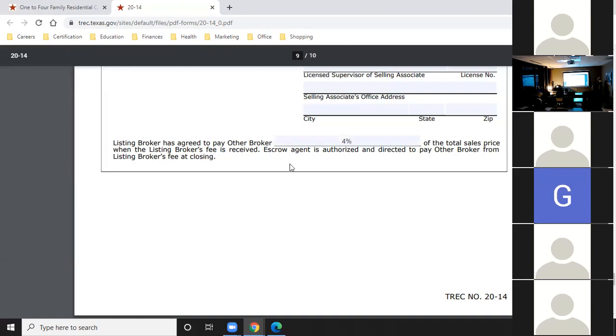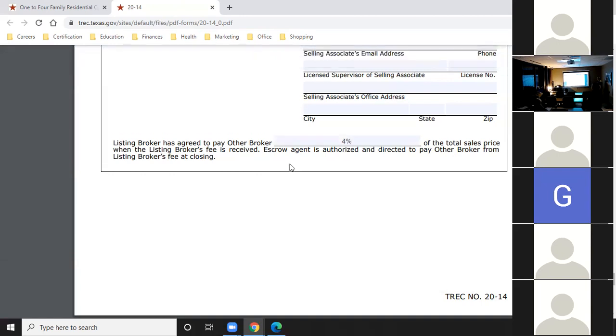What's the BAC? That's the broker agreement. When you put a listing in the MLS, it's a broker agreement where that broker is agreeing to pay the other broker 4% in this hypothetical. Does that make sense?